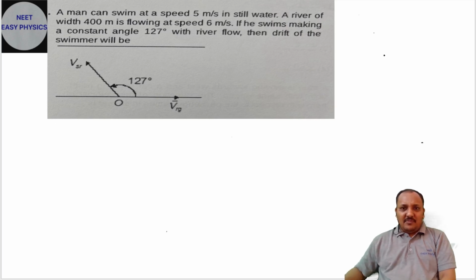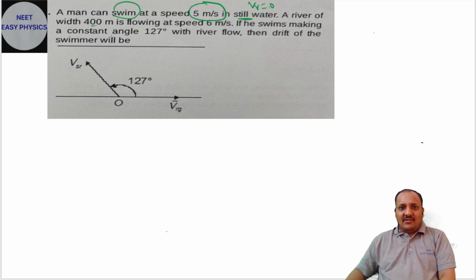See the next problem. In this problem, this is a river boat problem, but in place of a boat, we have a swimmer. A person is swimming with velocity 5 meter per second in still water. Still water means the velocity of the river is 0.